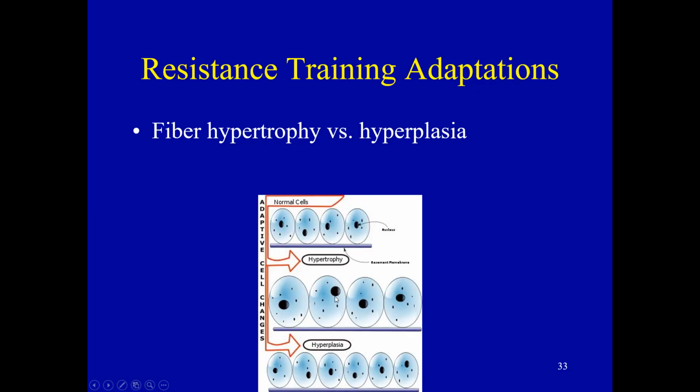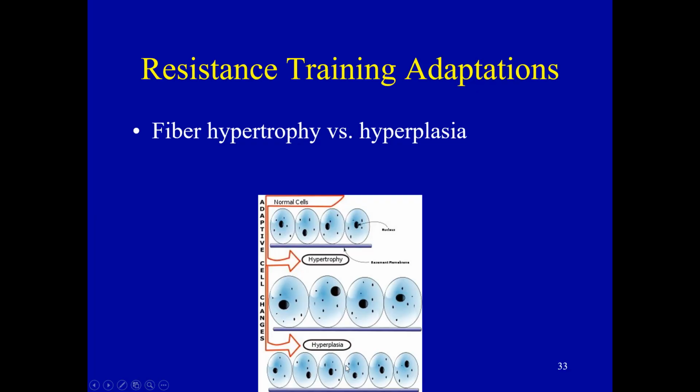So if this first option happened, we just call that muscle fiber hypertrophy. If each muscle fiber just gets bigger, that increases the size of the muscle. We call that fiber hypertrophy. If the muscle fibers stay the same size but actually increase in number, we call that fiber hyperplasia.